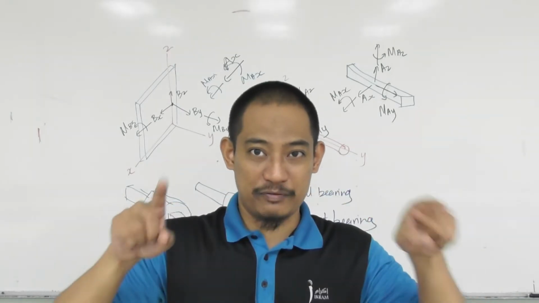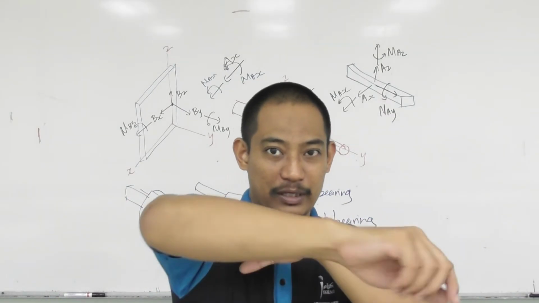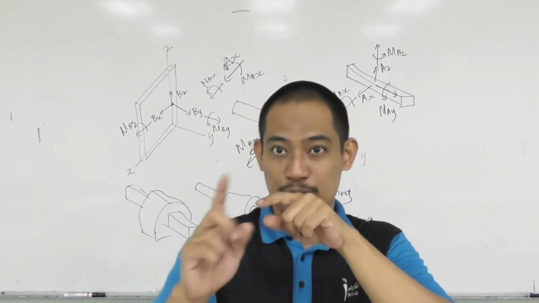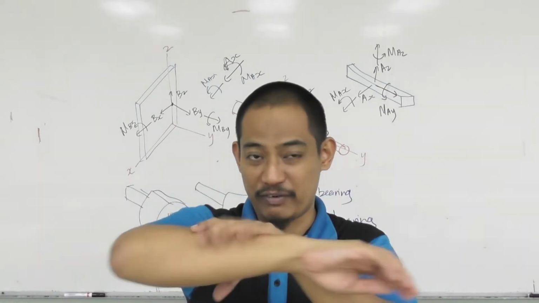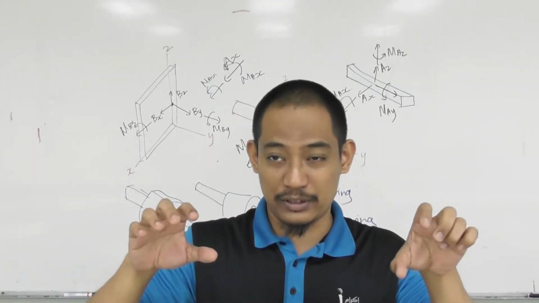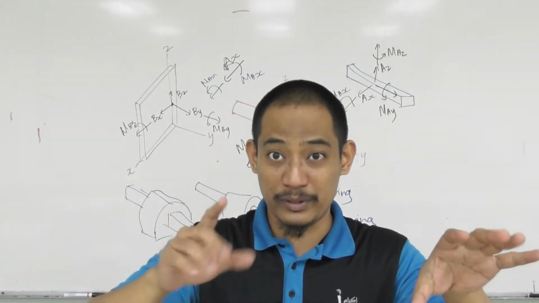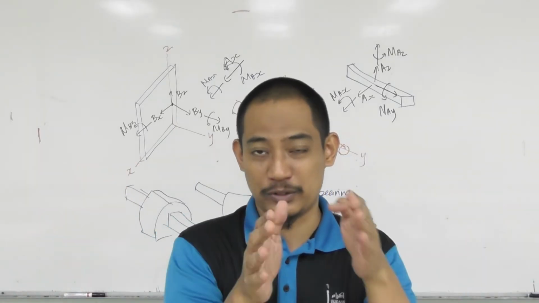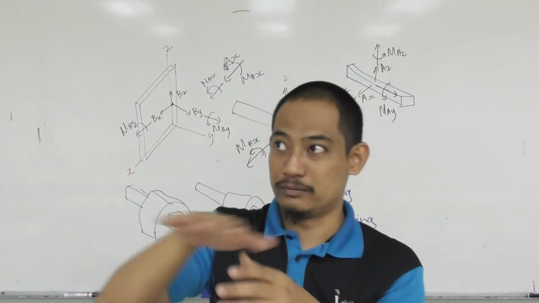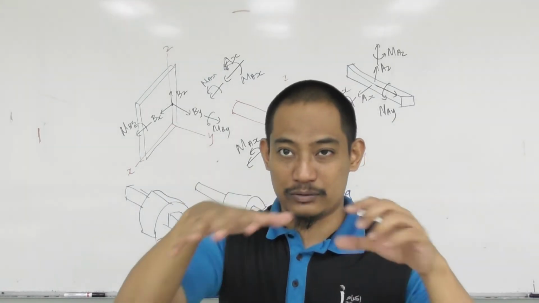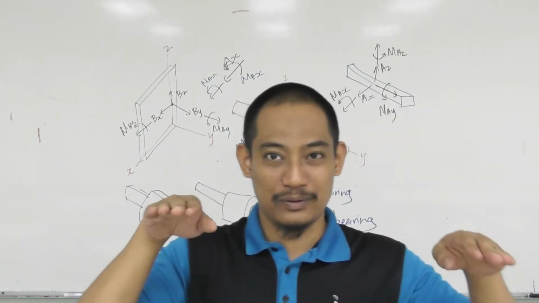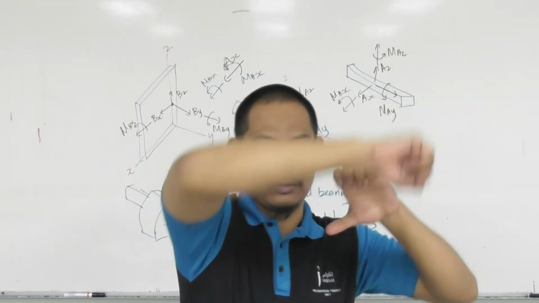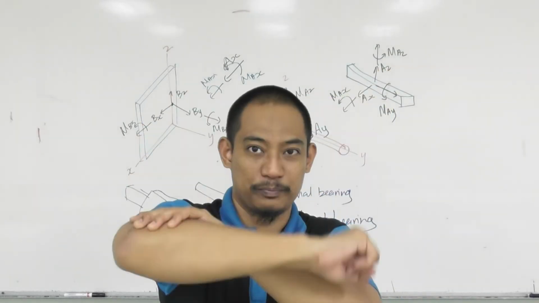already prevent any of this rotation, because this one will not go there and this one will not go this way. The prevention of this rotation is taken care of by that force, not by moment, meaning both ways restrict this movement. So there's no possibility of rotating here. It's easier to see this way: this bearing prevents it from going up and down, and this one also prevents it up and down.